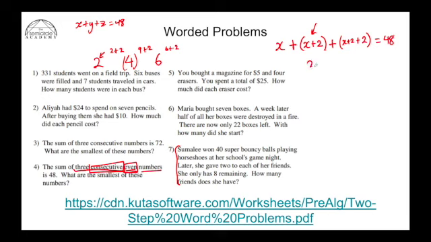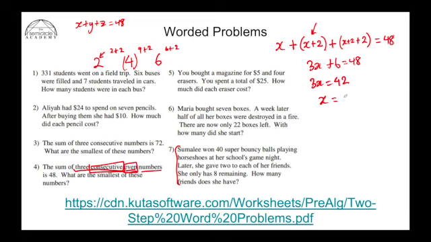So now, in this case, I can remove the brackets because nothing is being multiplied here. So now I have 3x plus 2 plus 4 is 6, plus 6, is equal to 48. 3x is equal to 48 minus 6, which is 42. X is equal to 42 divided by 3, which is what? What's 42 divided by 3? 14.